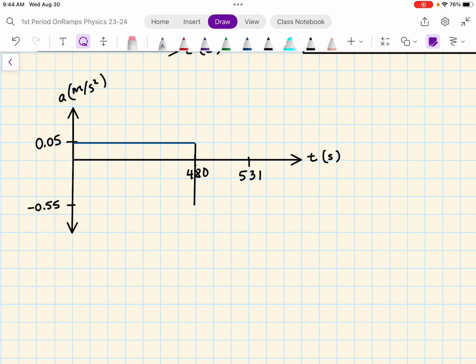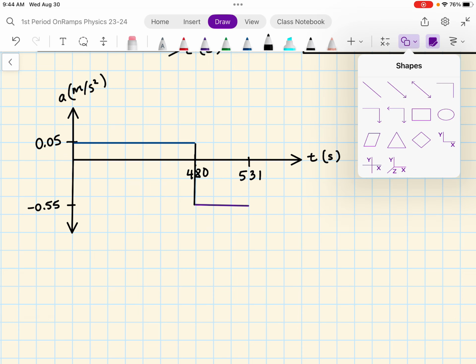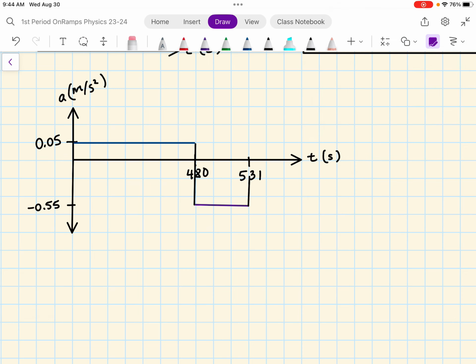And then it goes for this amount of time. But then we come to a complete stop, which means that it has to go back to the 0 level, okay? There you go. And then you won't be able to see it, but my graph continues here, okay, at 0, because it stops. So there we have it. There's our acceleration-time graph.